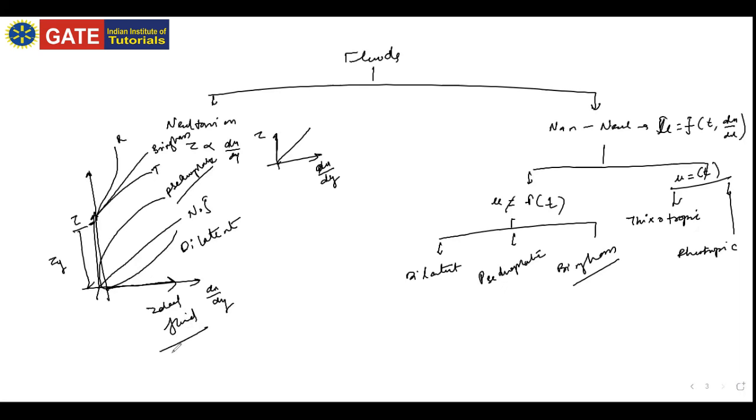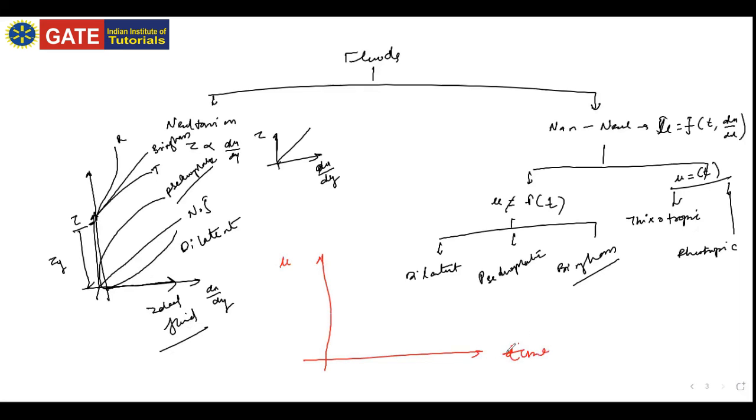They do not show any kind of viscosity. And if I draw this graph with respect to time, you are able to understand it. This is your viscosity and this is your time.